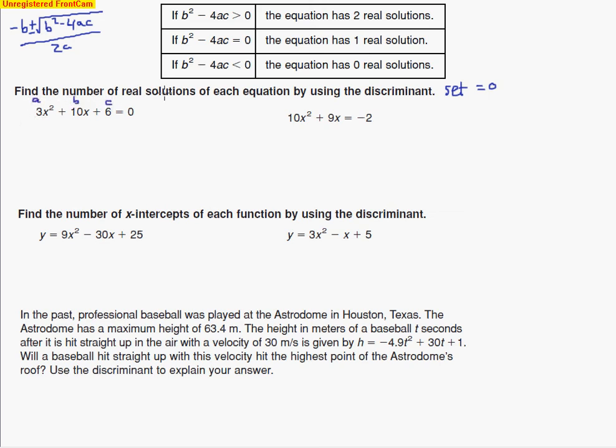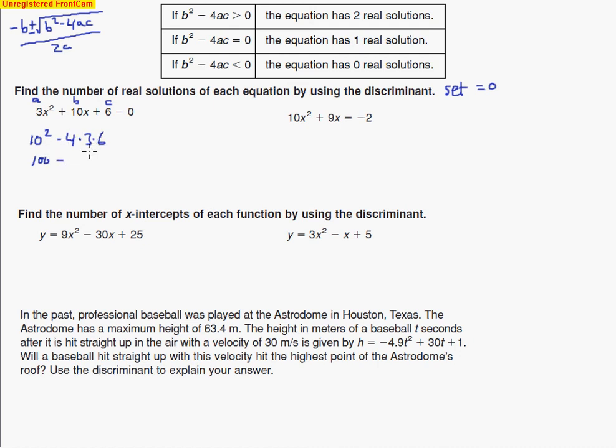So we're just using the discriminant, b squared, so 10 squared minus 4 times 3 times 6. Now one thing you should notice is that whenever a and c are the same sign, you're always going to have an odd number of negatives, and so here we're going to end up having to subtract. So if 4 times a times c is bigger than 100, because 10 squared is 100, then it's going to be no solution. So you got to watch for that.